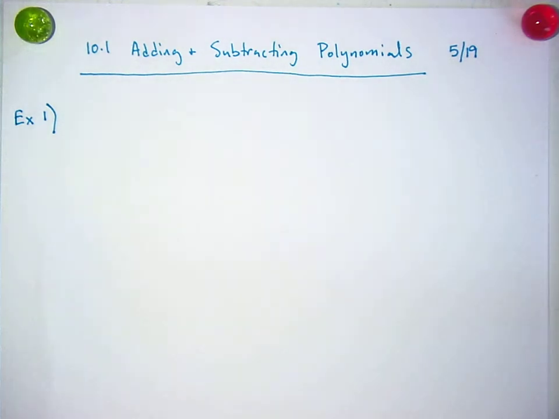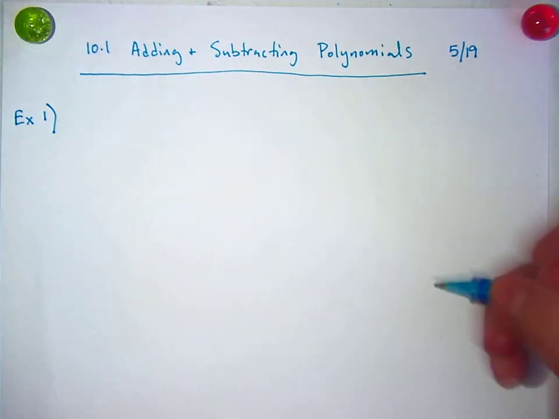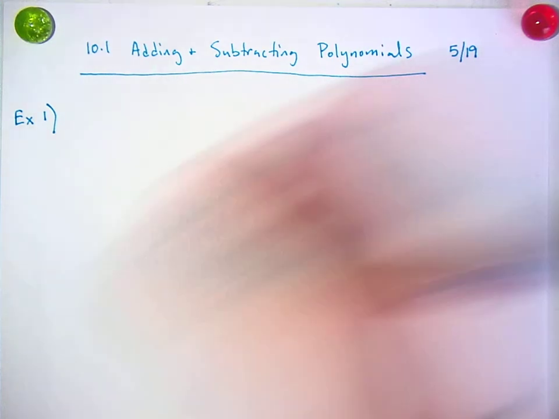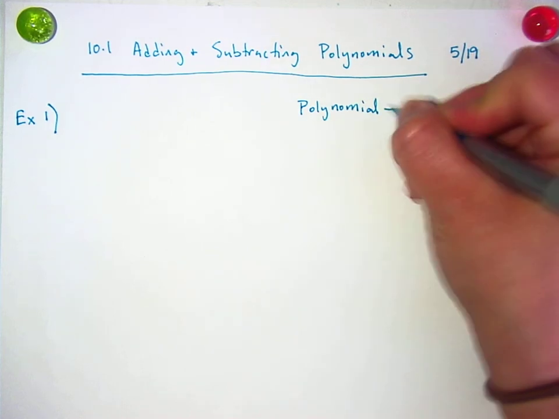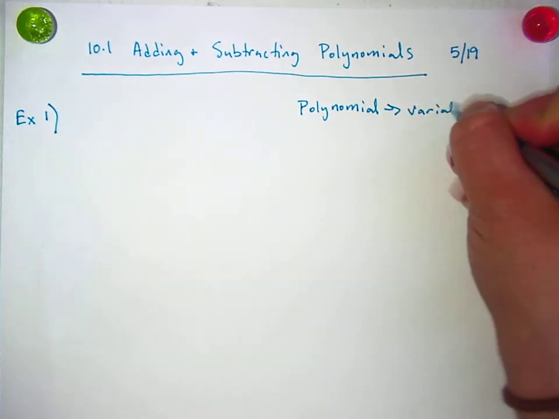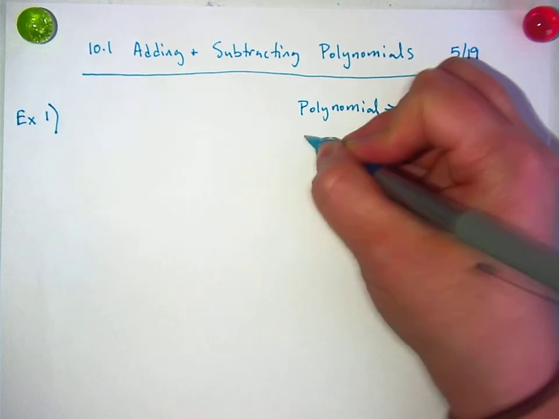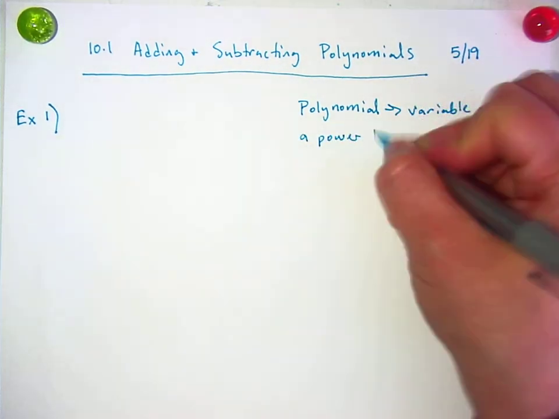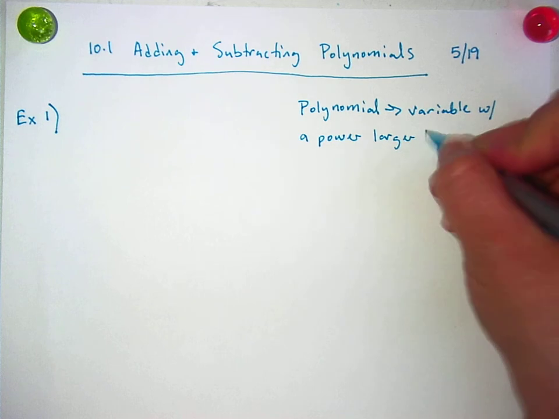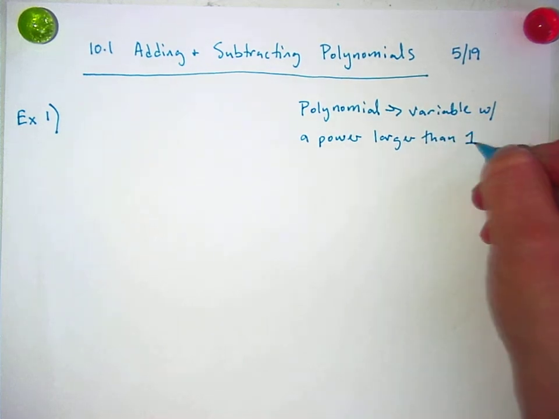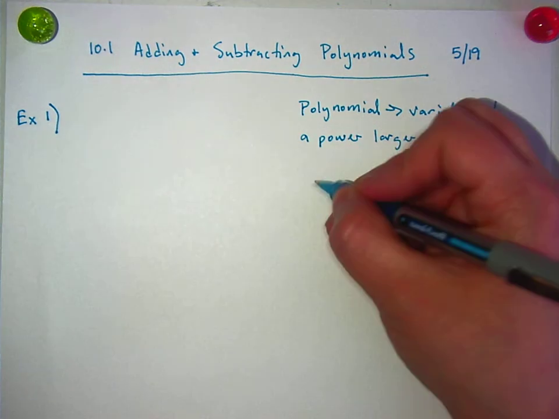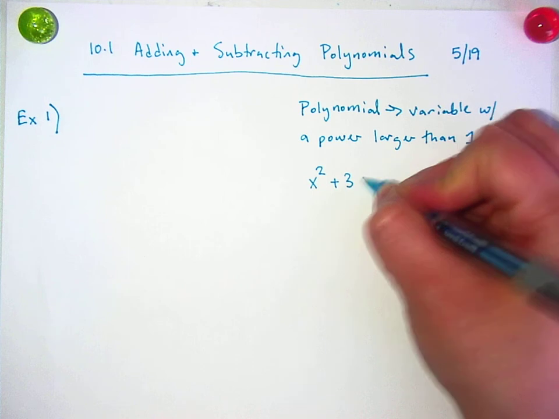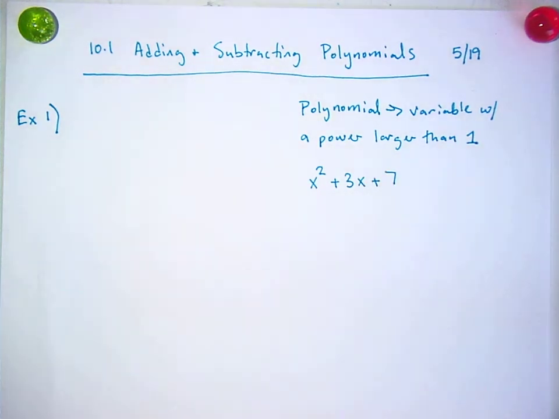All right. A polynomial has a variable with a power larger than 1. So like x squared plus 3x plus 7. I've got an x squared, a 3x, and a 7.